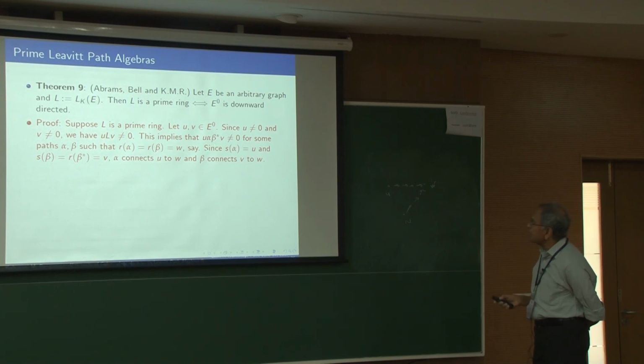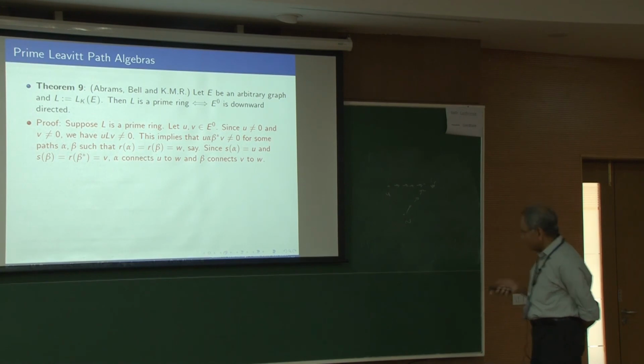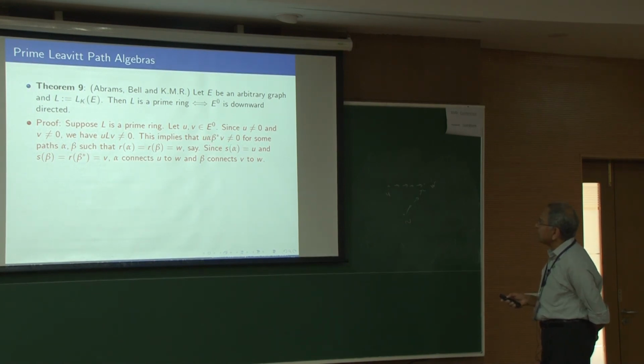If this is not zero, it means that alpha beta star is not zero, that means the range of alpha must be the range of beta, that is, the source of beta star, and let's say it's W. And secondly, U alpha not zero means the source of alpha is U. Beta star V not zero means the range of beta star is V, but the range of beta star is the same thing as the source of beta.